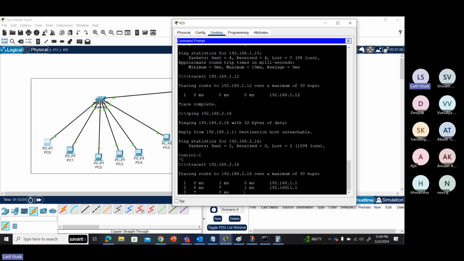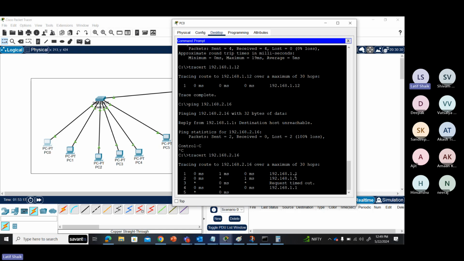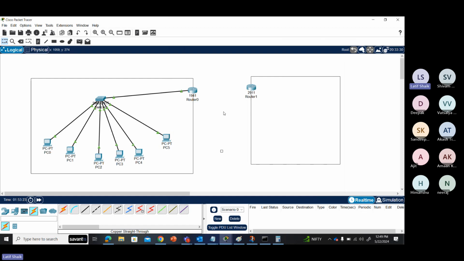Which IP address is it? Our default gateway. Because this one is in the same network, it went directly and didn't require a default gateway. But it is a different network, so it tries to communicate through the default gateway. Of course, the gateway is not there, so we cannot communicate. If it is there, then we can communicate.